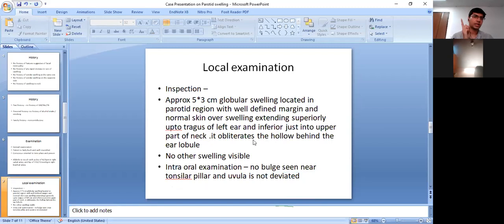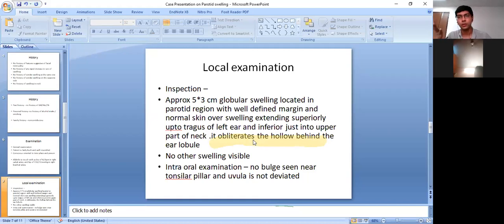This should be your first answer, along with the fact that the most common swelling in the parotid region, as I described the boundaries of the parotid region, zygomatic arch, mandible, mastoid, midpoint, is the parotid gland itself. If not the parotid gland, it's the lymph node, but the supportive feature is that it obliterates the hollow of the ear lobule, so it's not a lymph node.